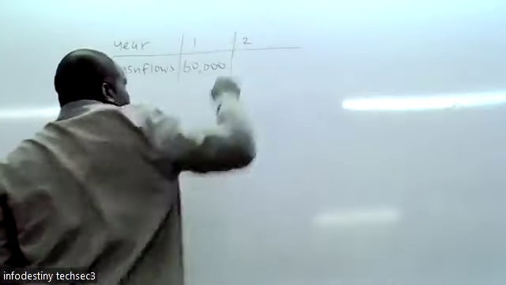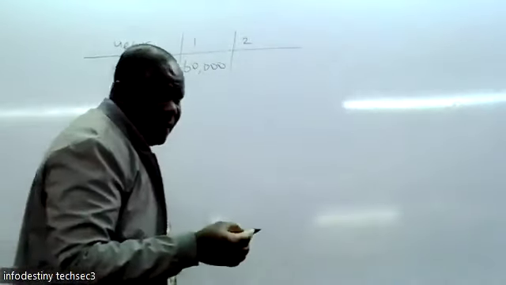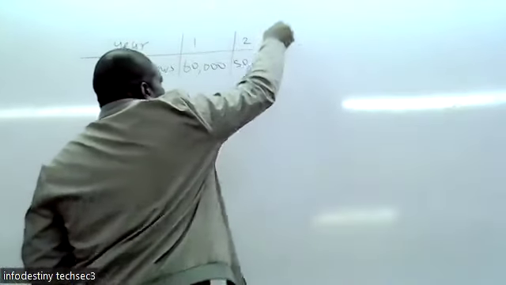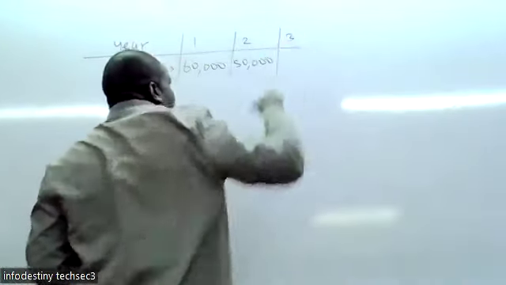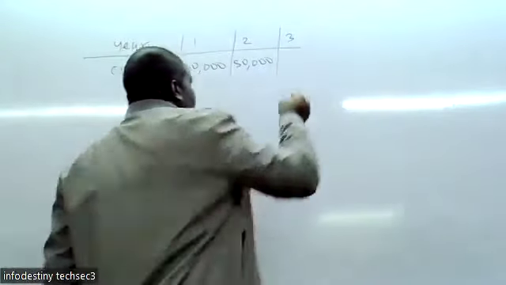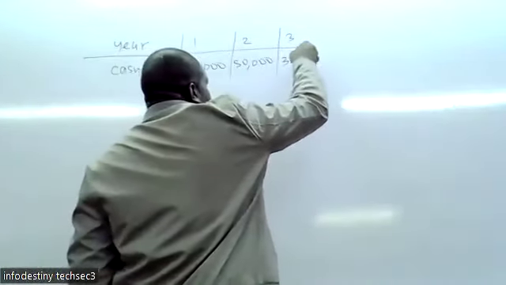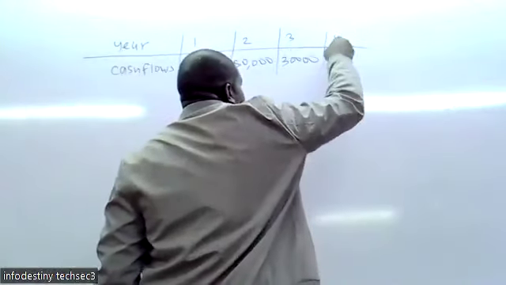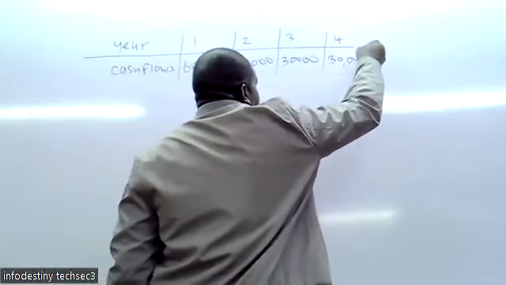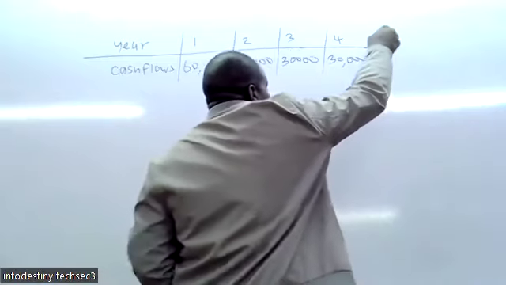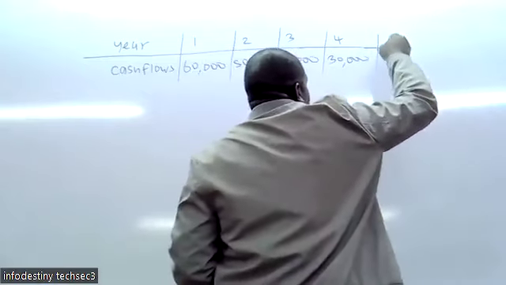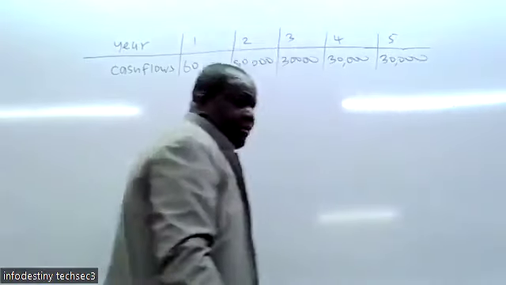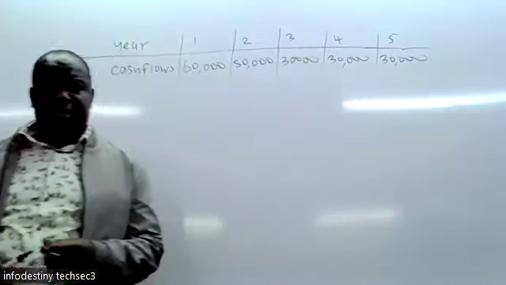Year two, cash flows are 50,000. Year three, cash flows are 30,000. Year four, cash flows are also 30,000. Year five, also 30,000.